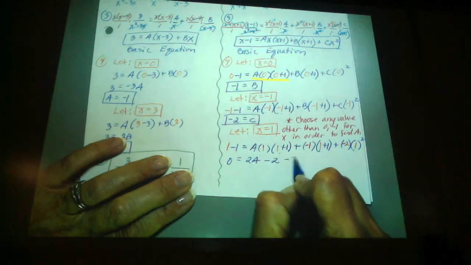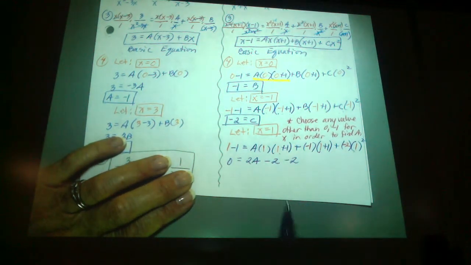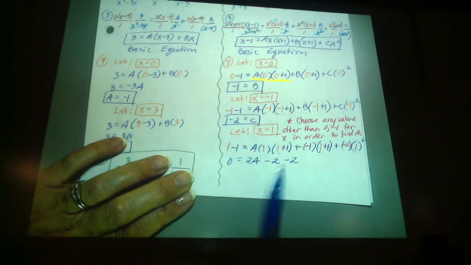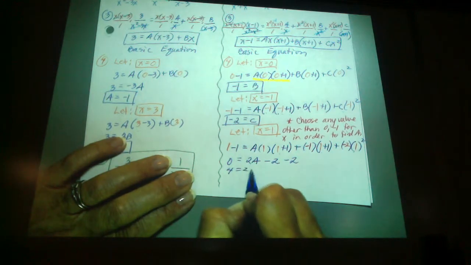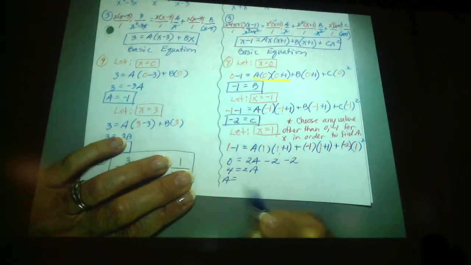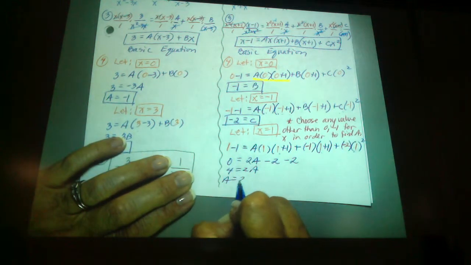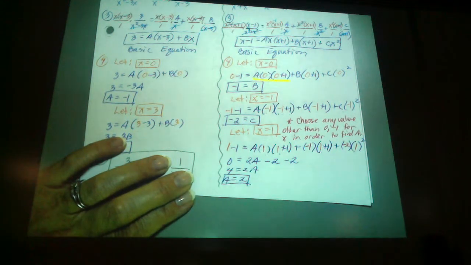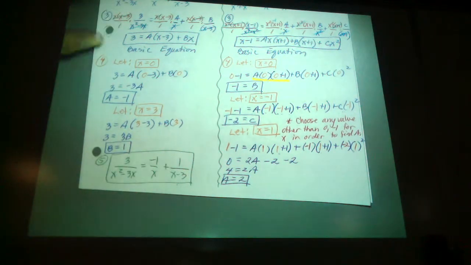And then square the 1 first. 1 squared is 1 times -2 is another -2. -2 minus 2 is -4. So if I add 4 to both sides, won't I get 4 equals 2a? So what does a equal? 2.